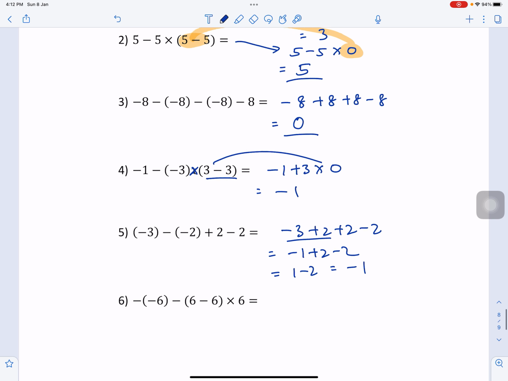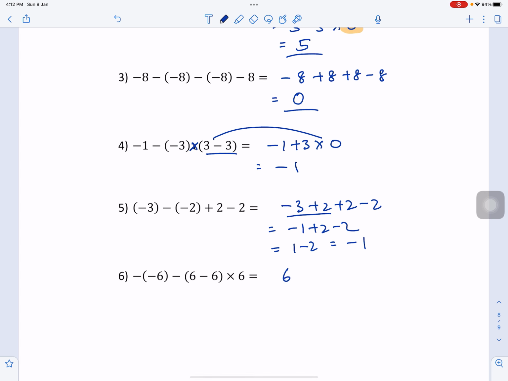Okay, and the last one, this is 6 minus 6 times 0. Where do you get 0 from? 6 minus 6 is 0. Okay, all right, and you know that this is a positive sign, so you don't need to write it in at all. Answer 6 minus 0, 6.